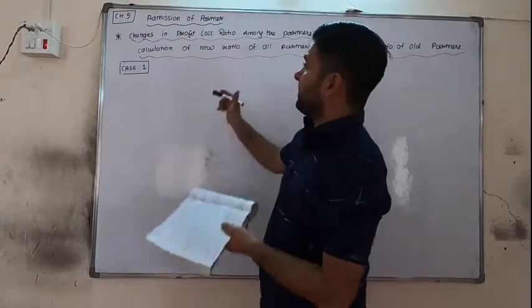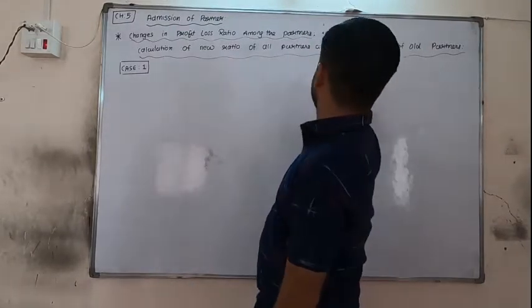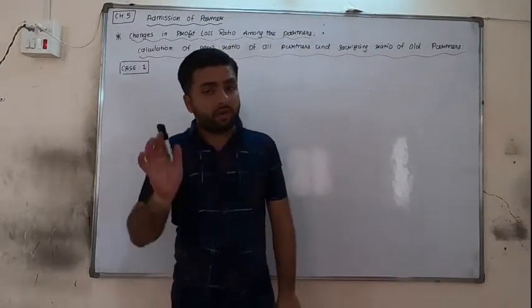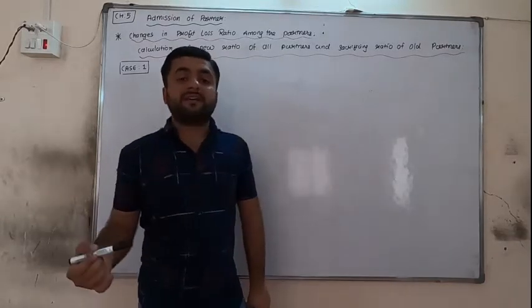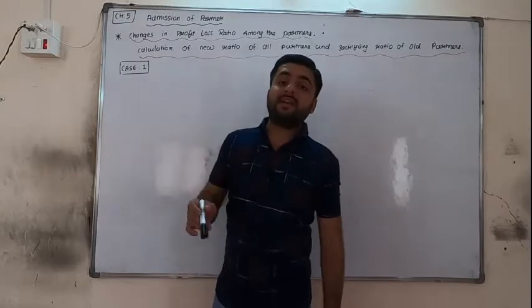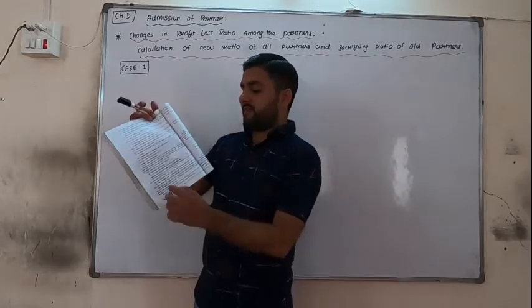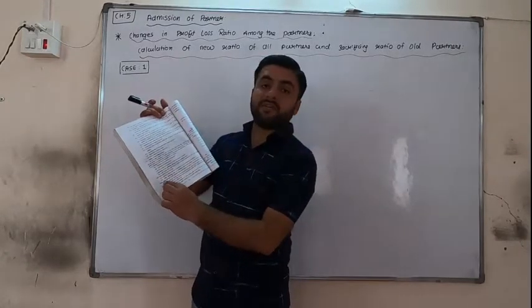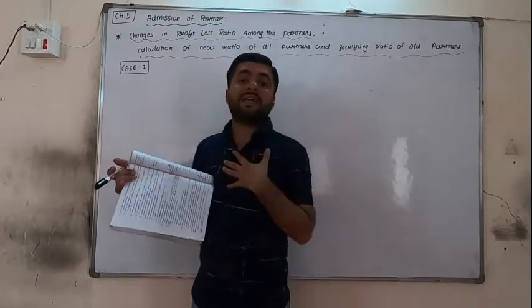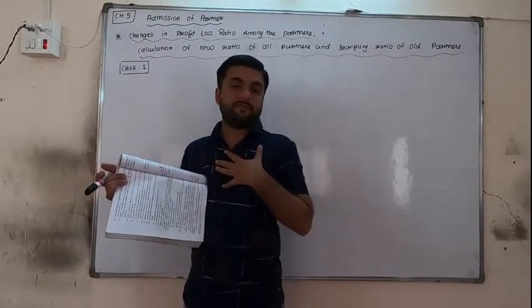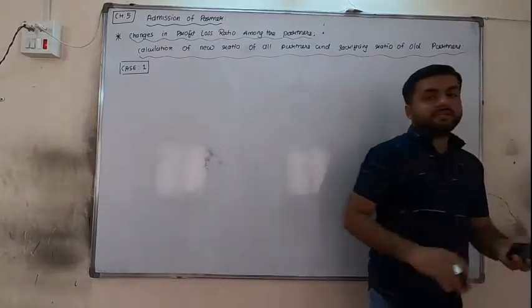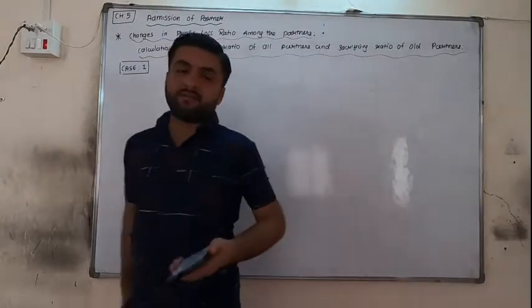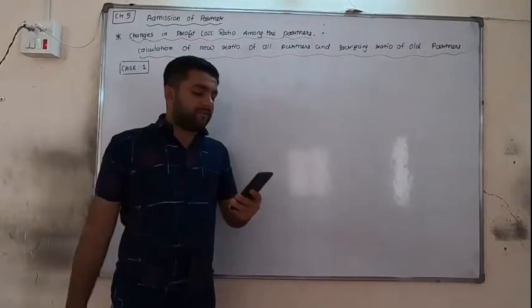But for all the sums you have to calculate new ratio and sacrificing ratio. See, the first type is starting from here. Case 1 is not written, but I have made the things for you that I will teach. I have made them in my mobile, so I am giving the notes.